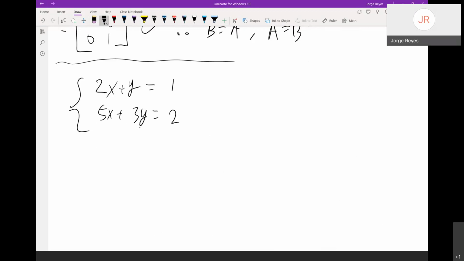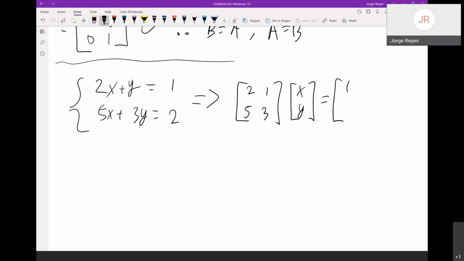So here I have a system, which if I translate into a matrix equation is 2, 1, 5, 3, my variables, and the answers.